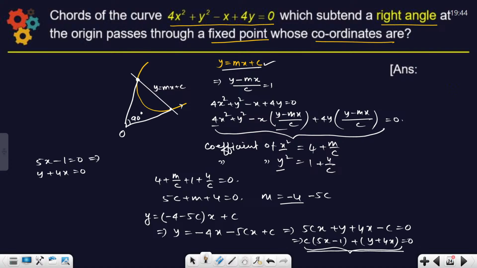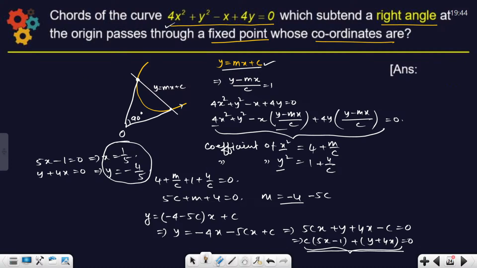So from here we are getting x as 1 over 5, and y is minus 4 over 5. So this is our fixed point through which all the chords of this given curve are passing, which are making an angle of 90 degrees at the origin.